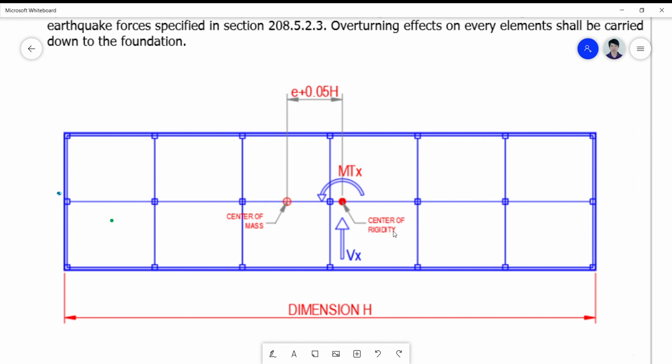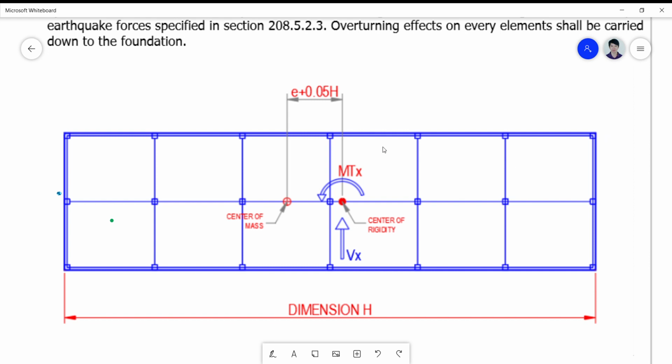Here you can see a very symmetrical structure, but the center of mass may be off-centered for some reasons, and the center of rigidity is also off-centered because of the dimensions of the lateral stiffness.